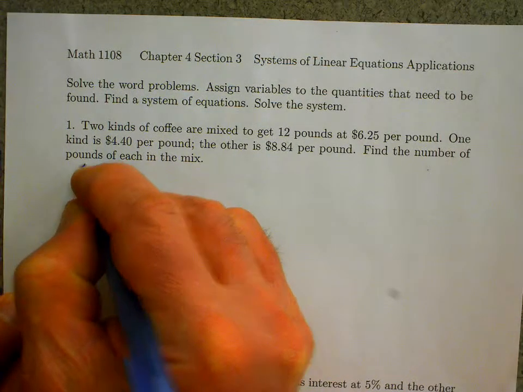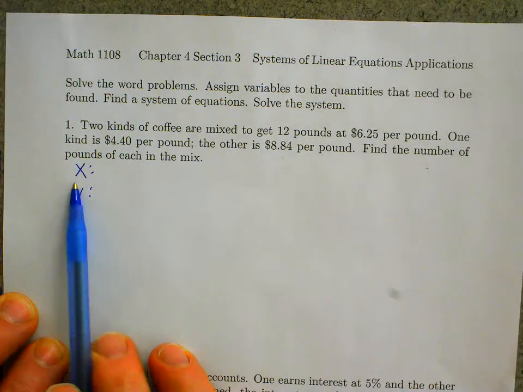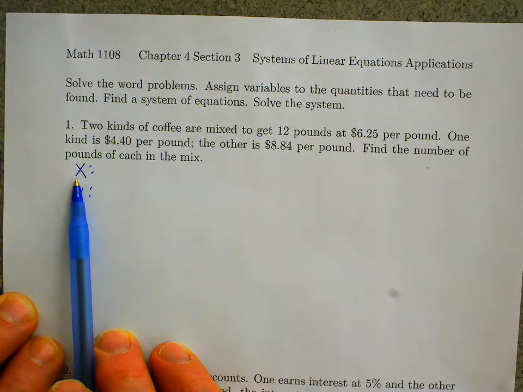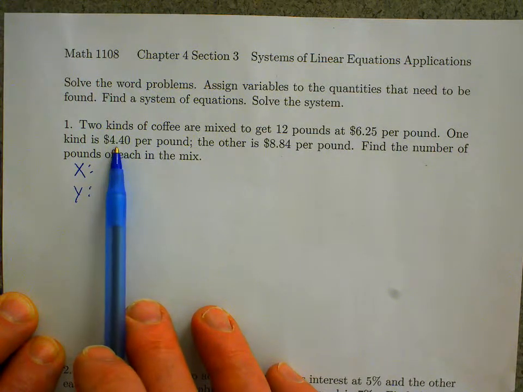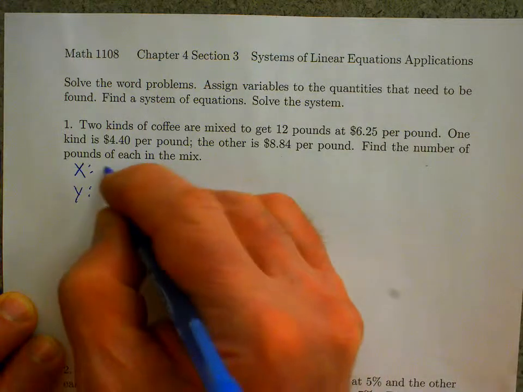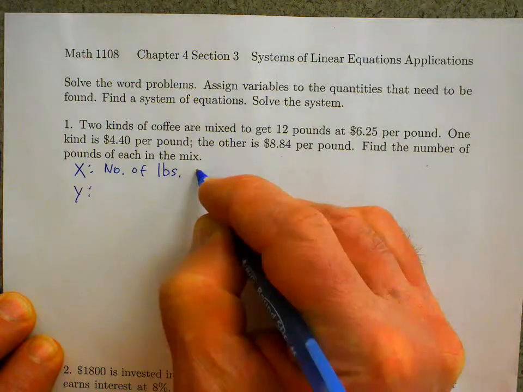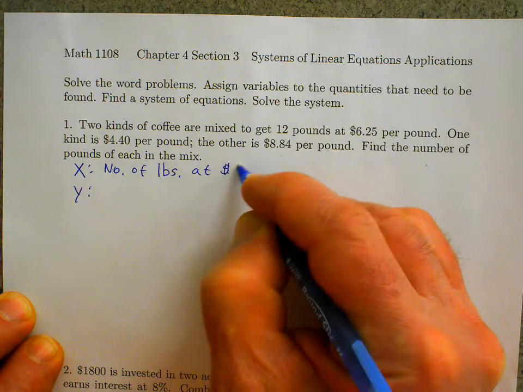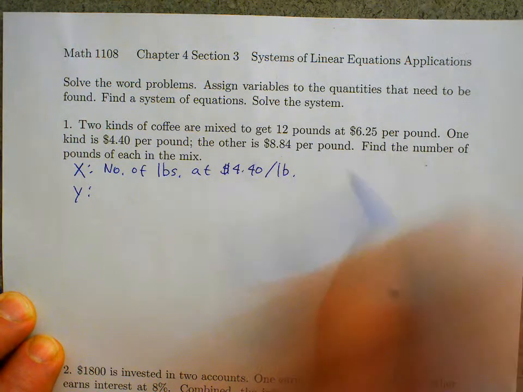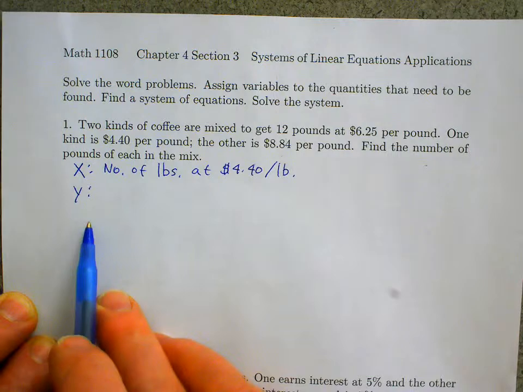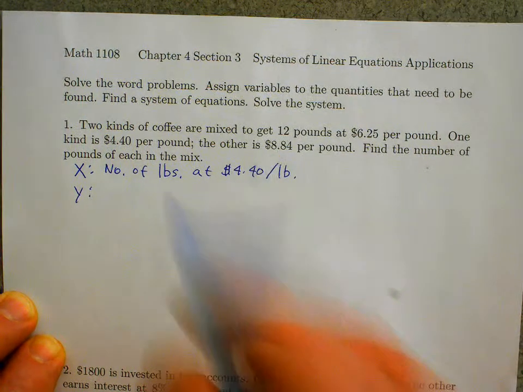I'll call them X and Y. I'll assign X to be the number of pounds at $4.40 per pound, and I'll pick Y to be the number of pounds at $8.84 per pound.